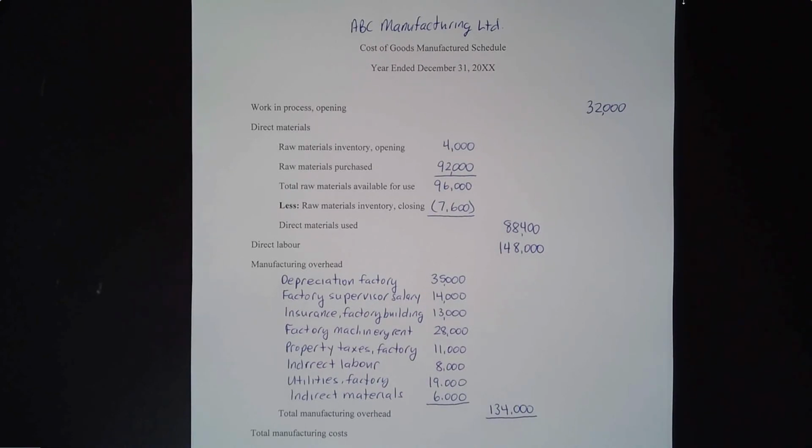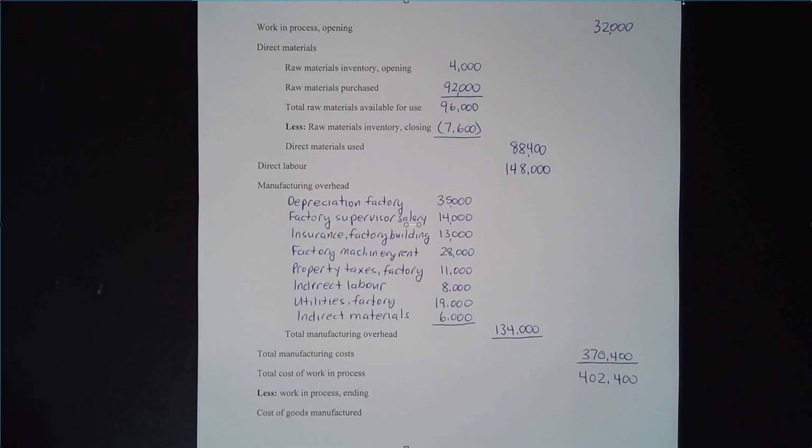Direct materials used of $88,400 plus direct labor of $148,000 plus total manufacturing overhead of $134,000 is equal to the total manufacturing costs of $370,400. Let's move the page up. Adding the work in process opening of $32,000 plus the total manufacturing costs of $370,400, we get the total cost of work in process, $402,400.